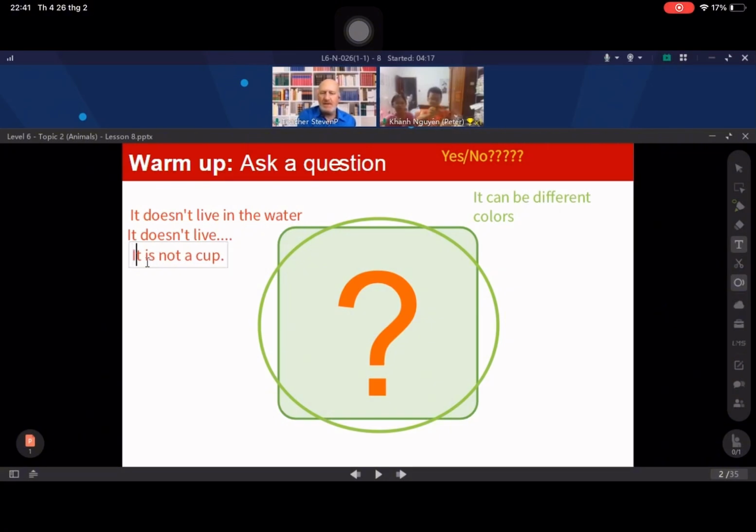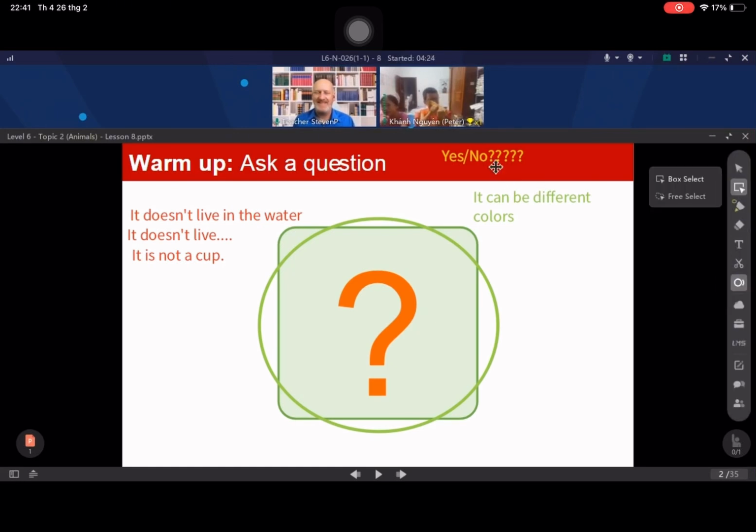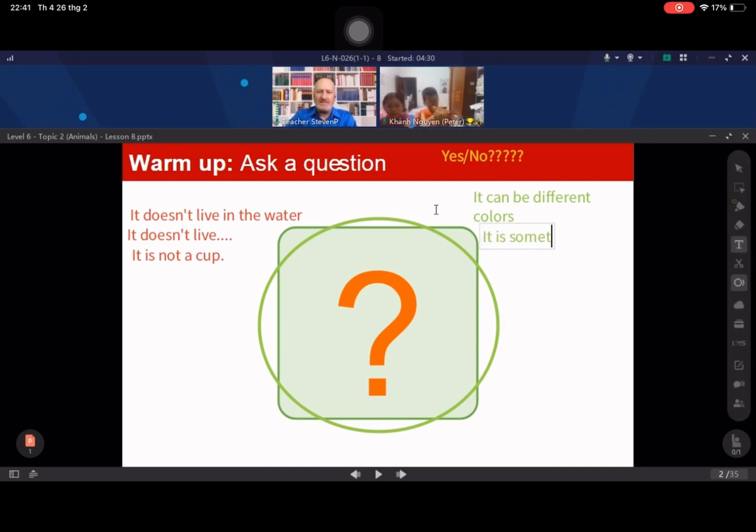Mia? It is sometimes in the room. In the bedroom. It is sometimes in the bedroom. In a bed. Is it a bed? No, it's not a bed.